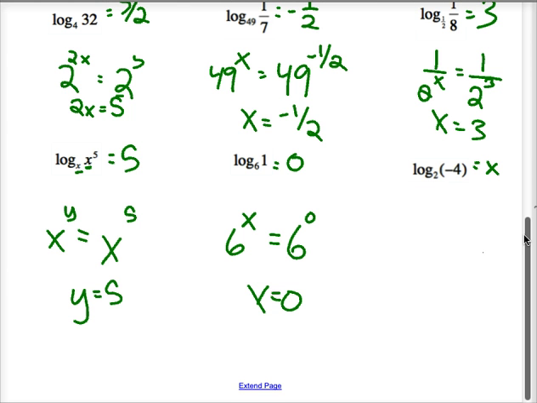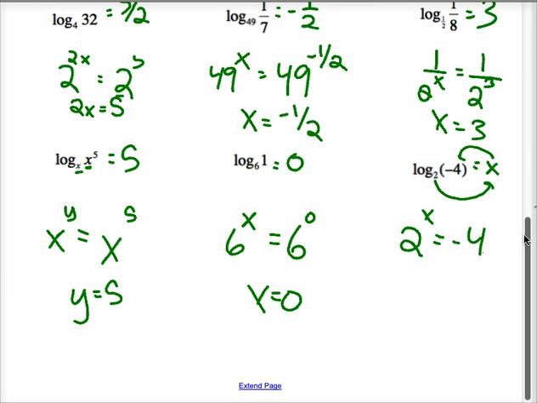And finally, our truly last one, 2 to the x equals -4. Now, this one presents a predicament because if I take 2 to the 0, that's 1. 2 squared, that's +4. 2 cubed, that's 8. So clearly that's not going in the right direction.